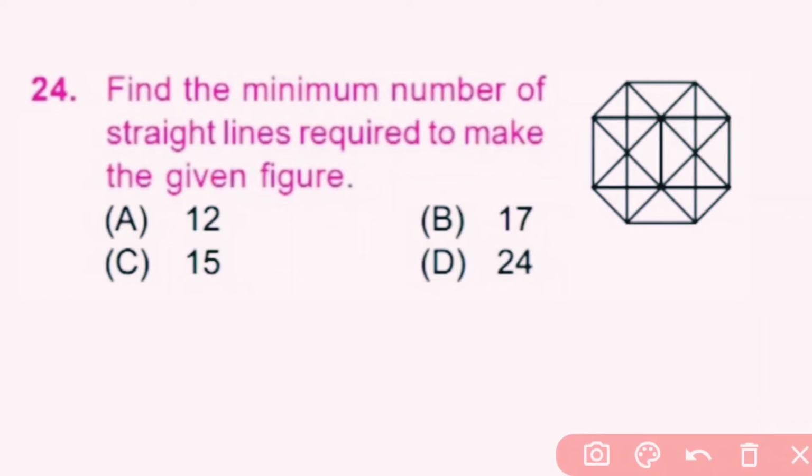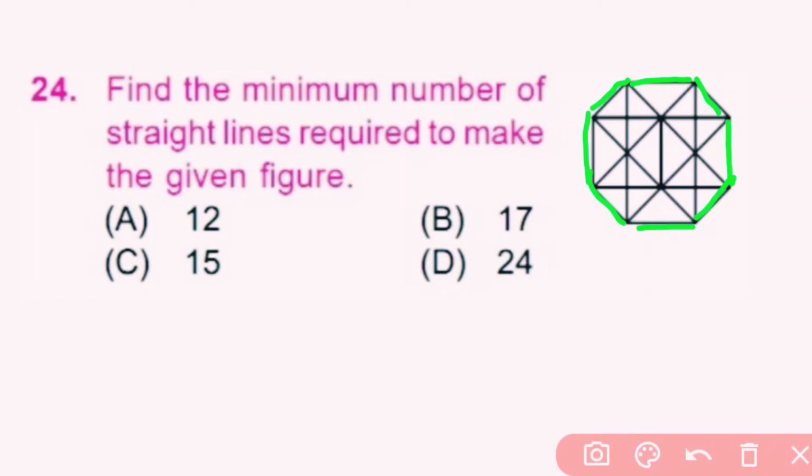Question number 24. Find the minimum number of straight lines required to make the given figure. So here the outer straight lines are 1, 2, 3, 4, 5, 6, 7, 8.